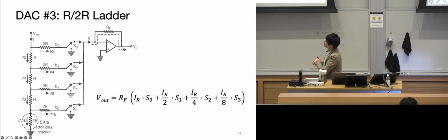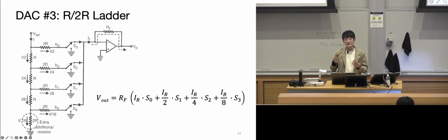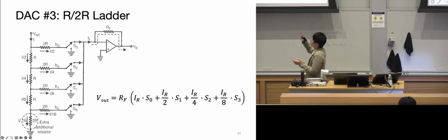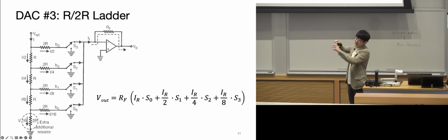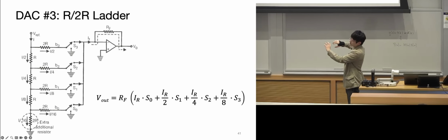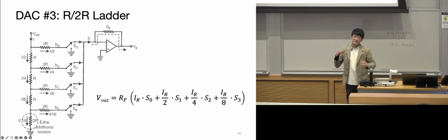So like an R and 2R. You will notice that the 2R and R, they purposefully chose this so that it's easier for the manufacturing. You could even do just 2 of the R resistors in sequence.